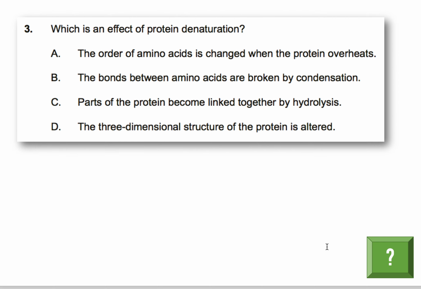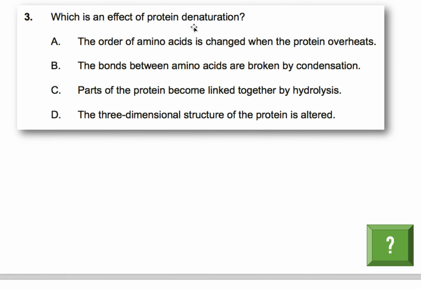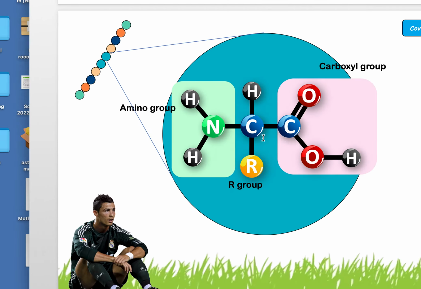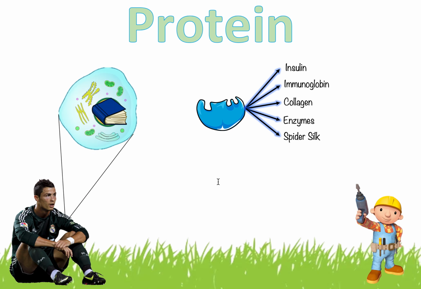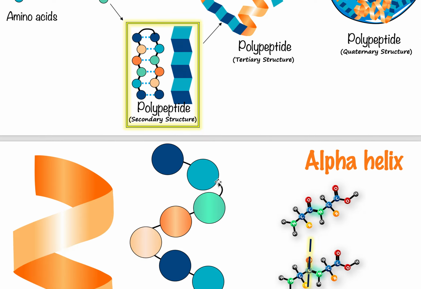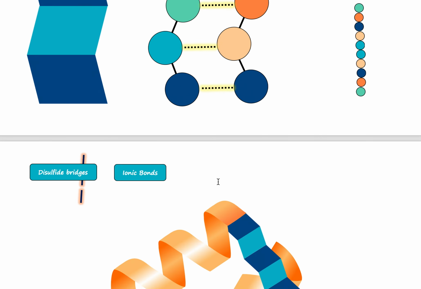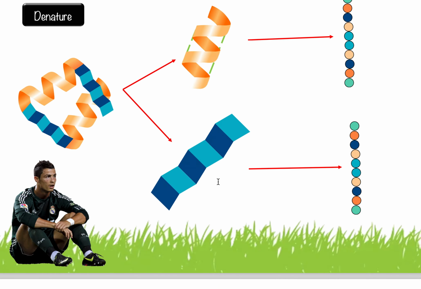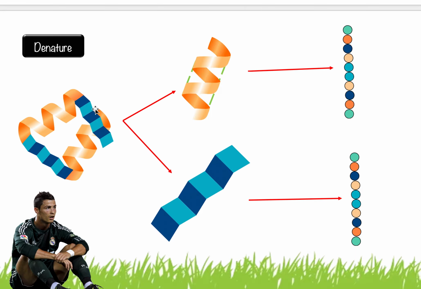Okay, next one. Which is an effect of protein denaturation? One of the key things we learn in this chapter is that proteins can undergo a process called denaturation. Let me show you what that means. Say we have a full-on protein. We know proteins are crazy 3-dimensional structures.